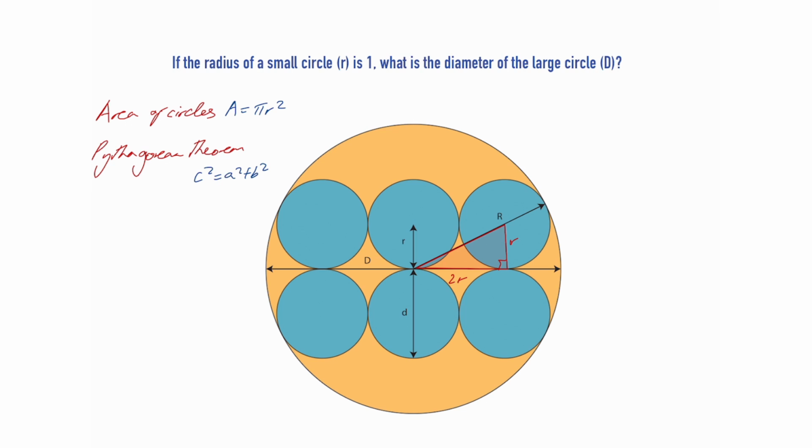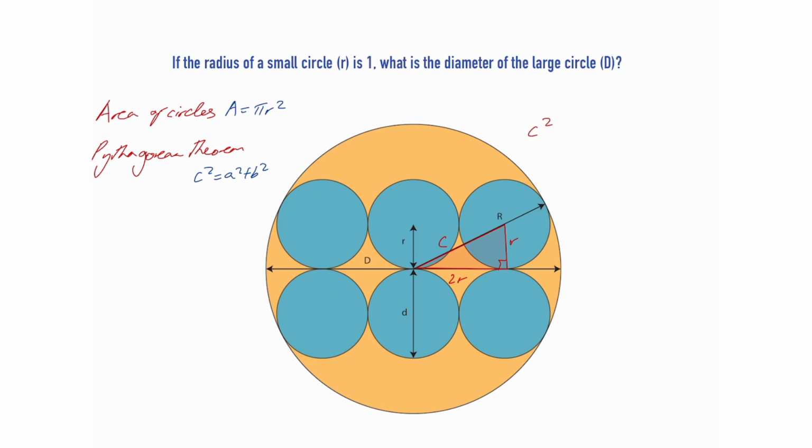And the hypotenuse for now I'll call c, because that hypotenuse isn't quite anything yet. It's not the full radius of the large circle, it's not twice the radius of a small circle. So let's figure out what that c value is and why I haven't extended the full length.